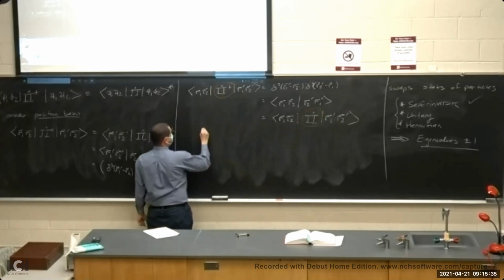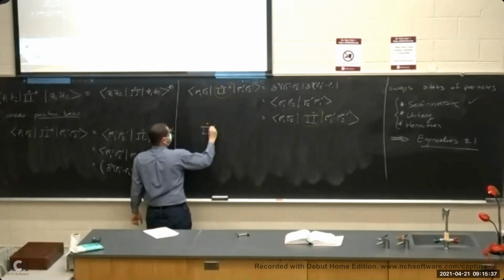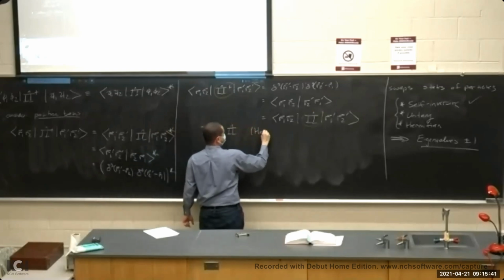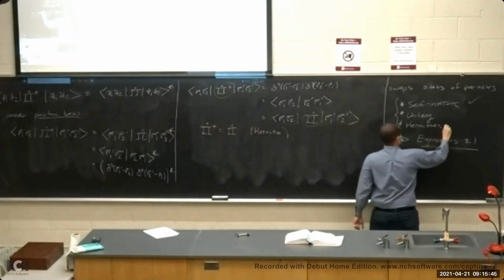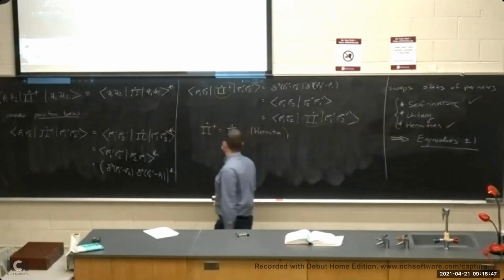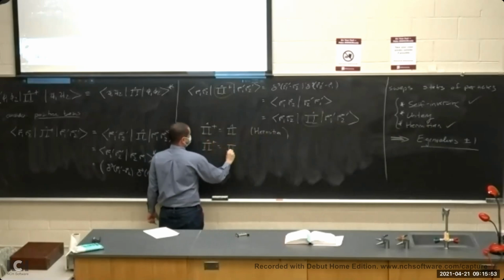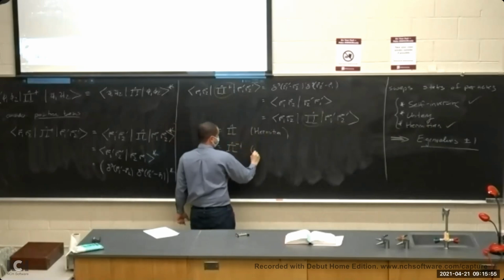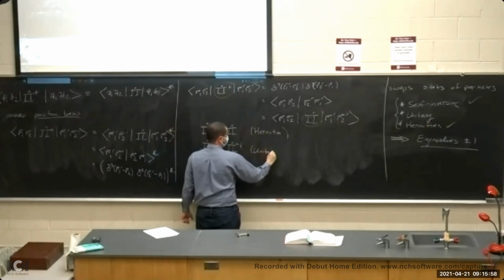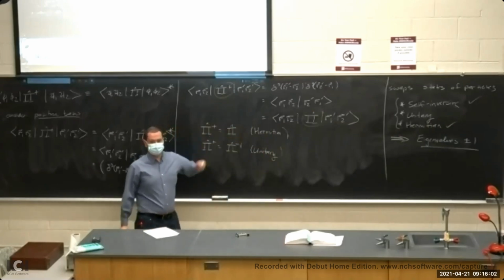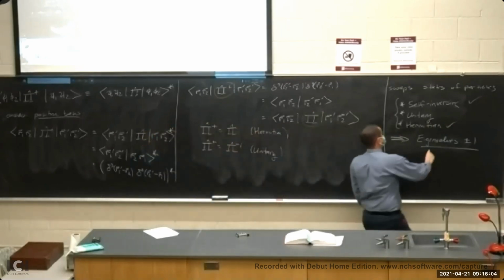So this is enough to show that π† equals π, which means that it's Hermitian. And if it's Hermitian and it's self-inversive, then it's automatically unitary too. So this gives me π† equals π inverse, which is unitary, since π and π inverse are the same thing, since we already established that.